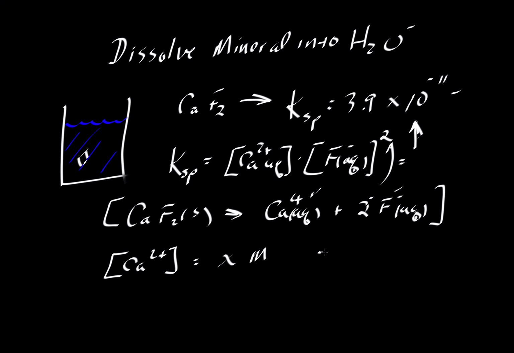That means the concentration of fluorine in the aqueous solution would be 2 times X. For every 1 mole of fluorite, we get 1 mole of calcium ions and 2 moles of fluorine ions. So if we let this be X, then this is 2X, and the amount of fluorite involved is also simply equal to X, or 1X. Let's erase the chalkboard and take a look at the calculation.